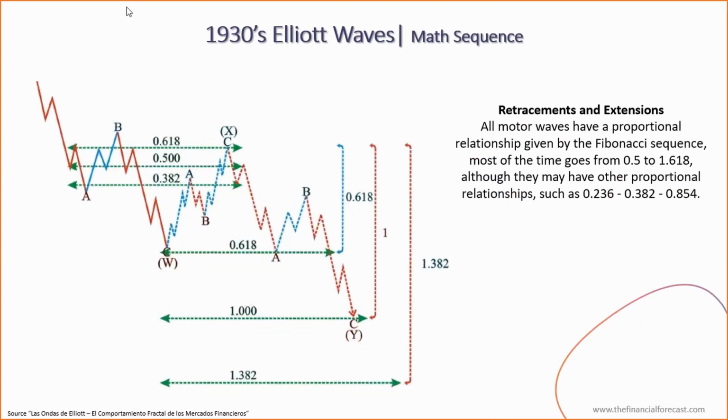Another big discovery was the usage of the Fibonacci sequence within the analysis of waves. The Fibonacci sequence is present in most natural elements, and we can see a balance and a perfection in it.